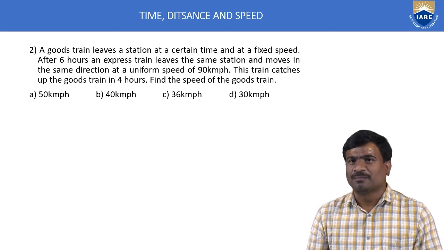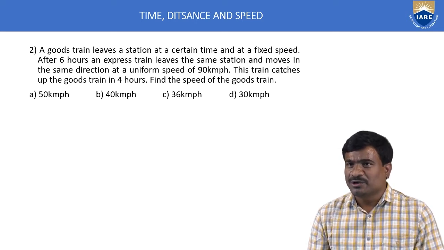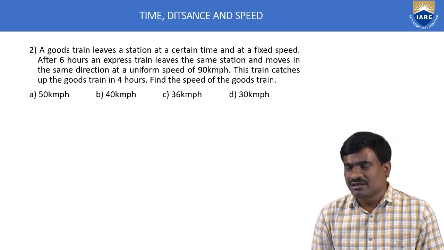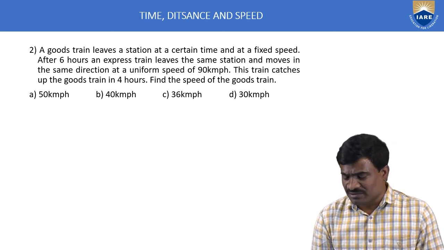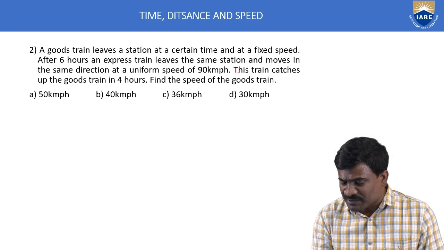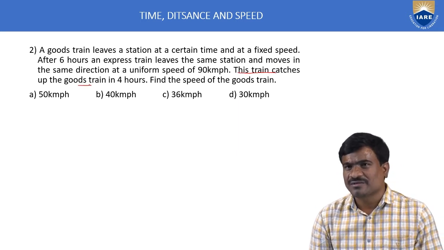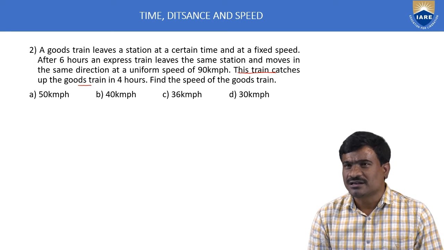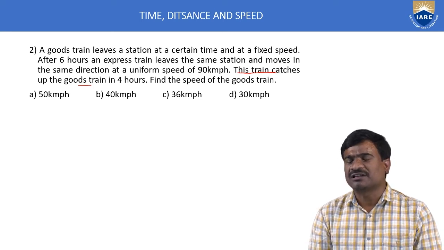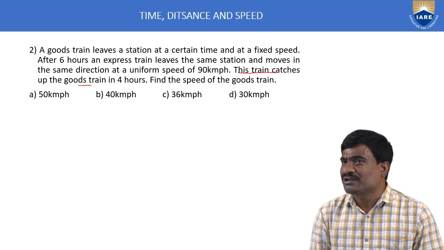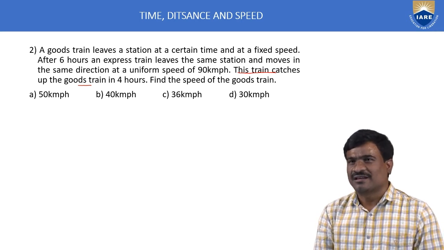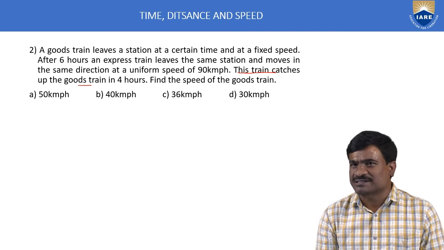Method. By using the above information, one statement is clearly given: the express train catches up with the goods train in 4 hours. Here we know that catching up in the same direction indicates both trains cover equal distance. Therefore, distance is constant.